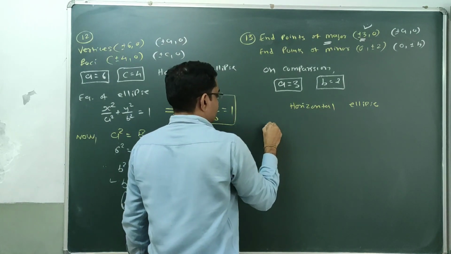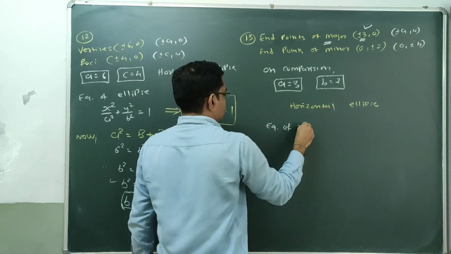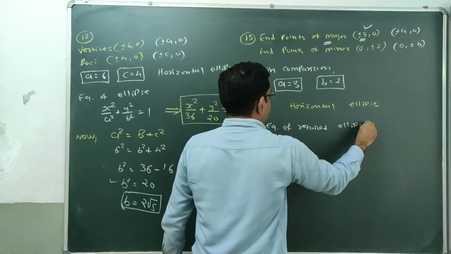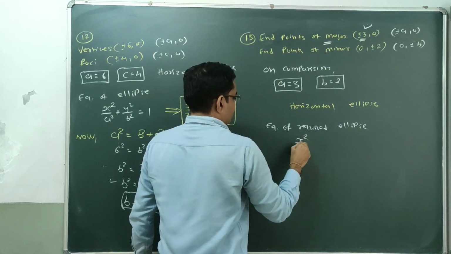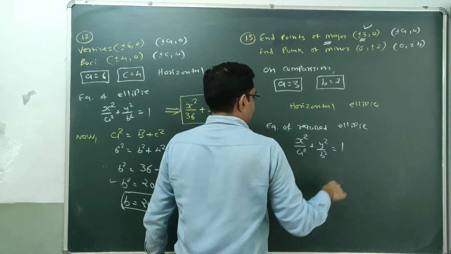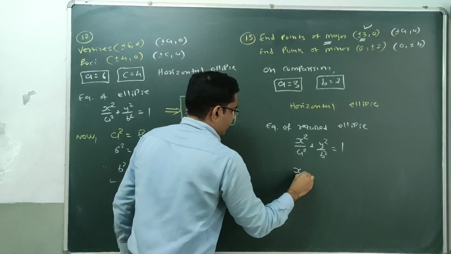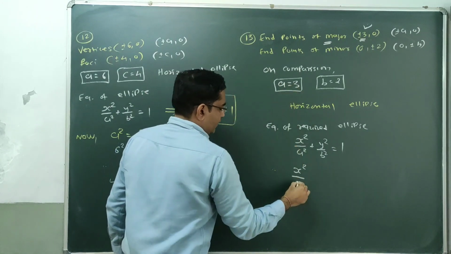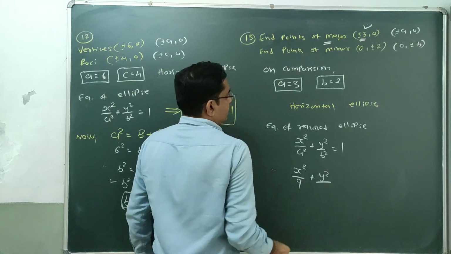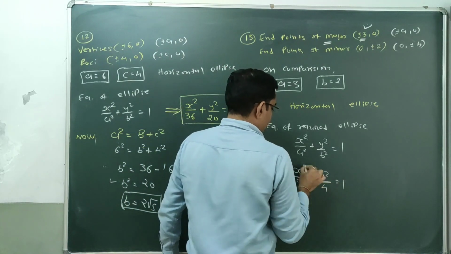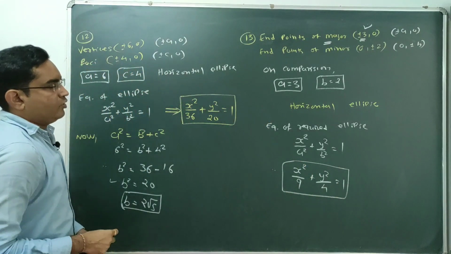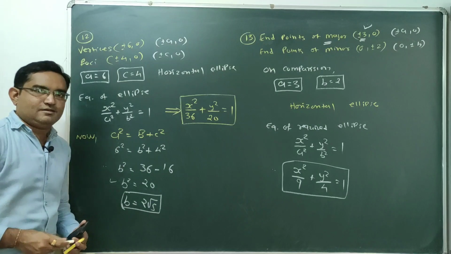Therefore the equation of the required ellipse is x square by a square plus y square by b square equal to 1. So x square by 9 plus y square by 4 equal to 1 is the answer. So this is how you can solve question number 13.